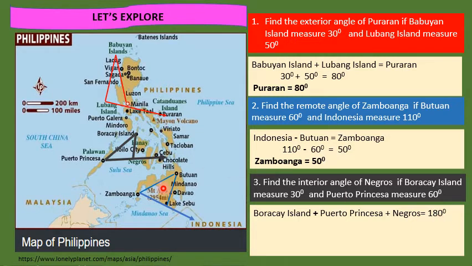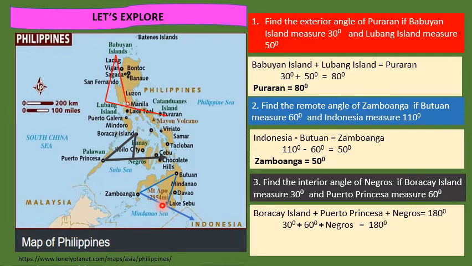So these angles, we need to add them because they measure 180 degrees. But in the question, the interior angle of Negros is missing. So you have to find the angle of Negros. 30 degrees for Boracay Island, Puerto Princesa 60 degrees, but Negros is missing, so we're going to find that out. Equals 180 degrees.